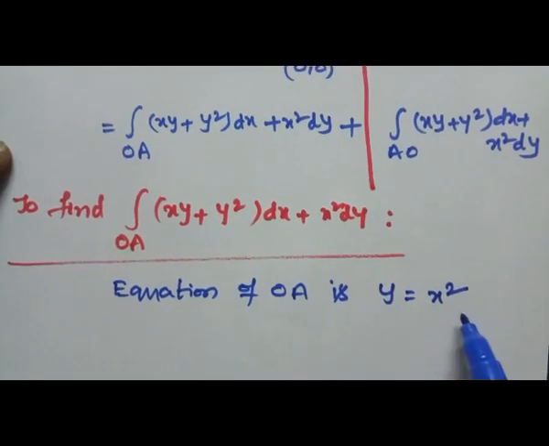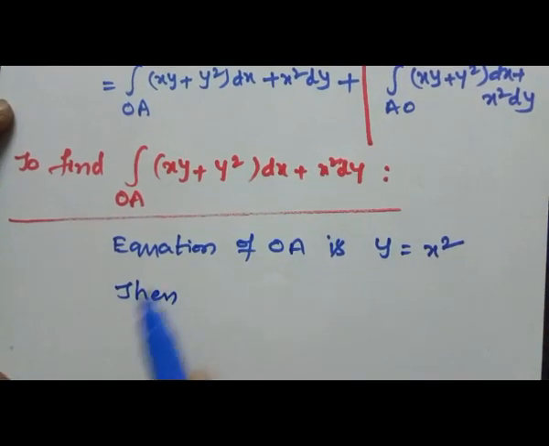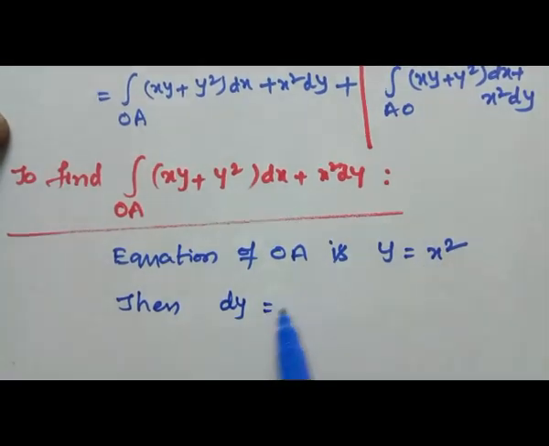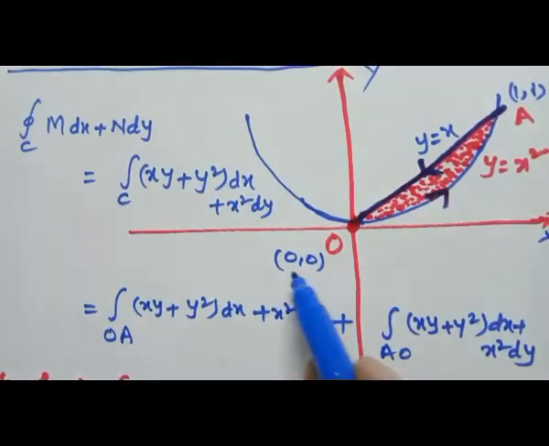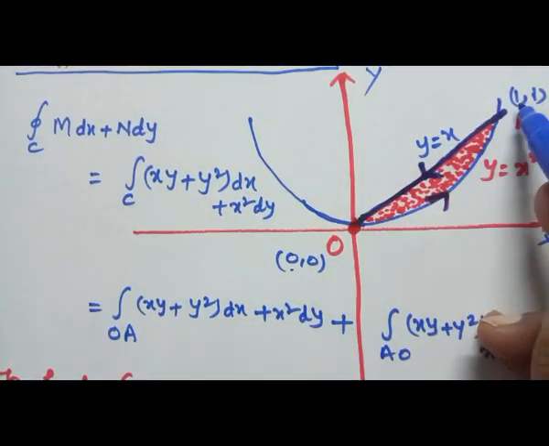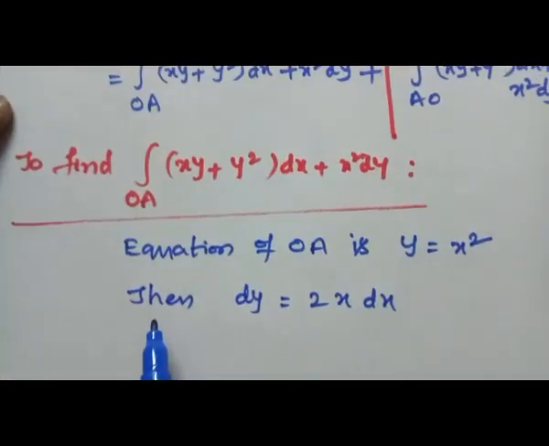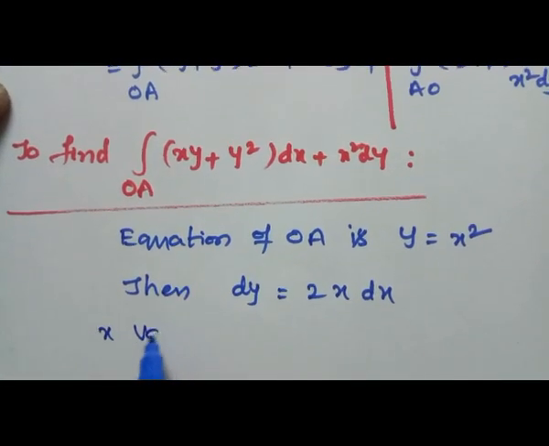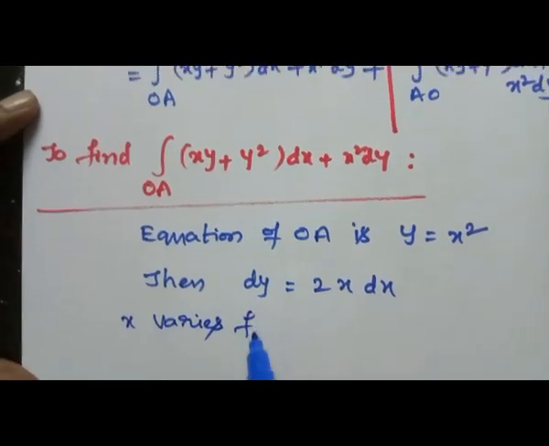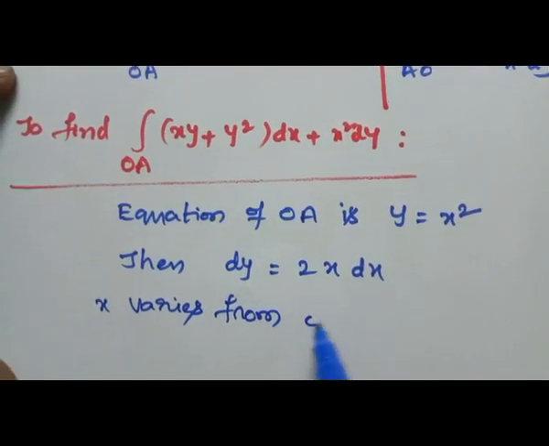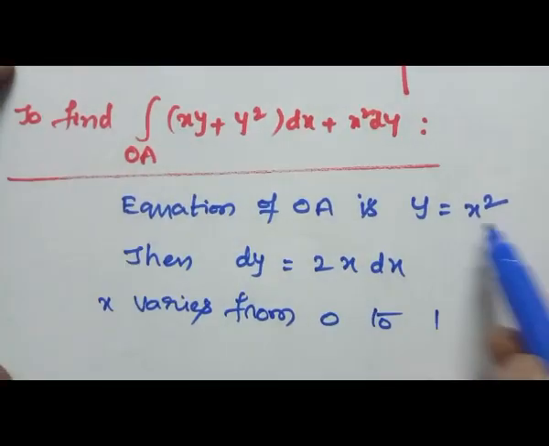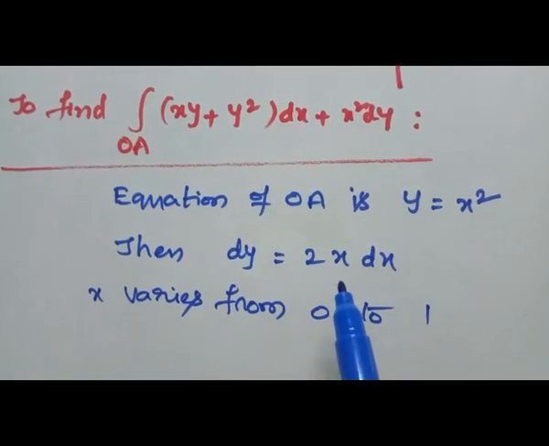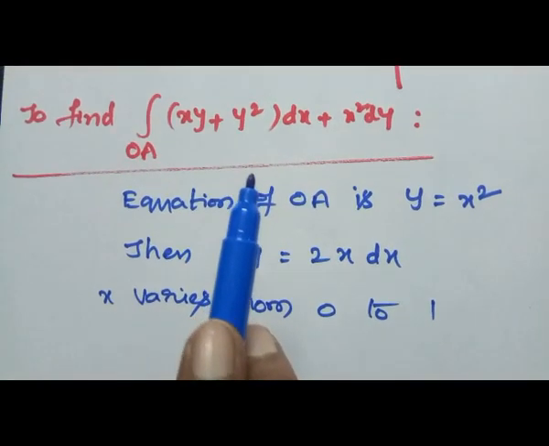Differentiating on both sides, dy is equal to 2x dx, and along this curve x varies from 0 to 1. 0 is the lower limit, 1 is the upper limit. Therefore, we substitute y equal to x square and dy equal to 2x dx in the integration.